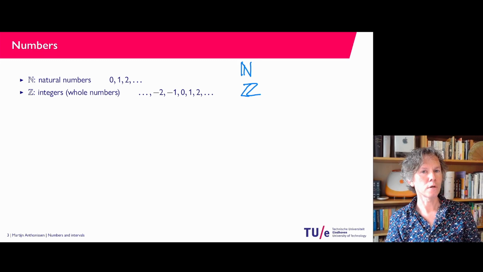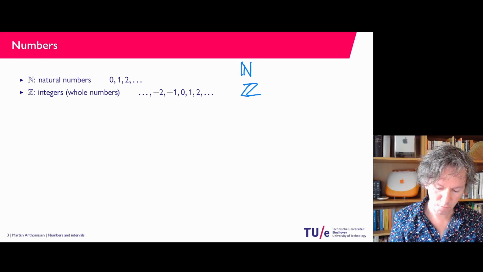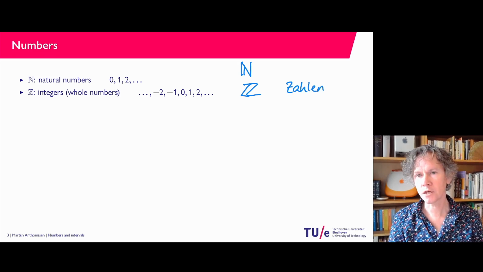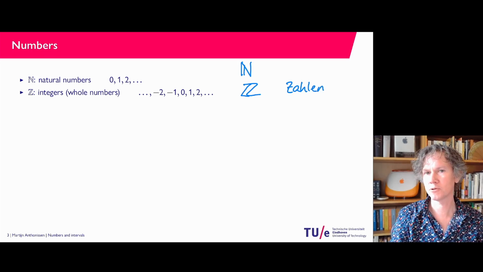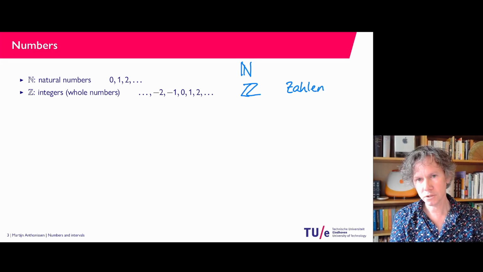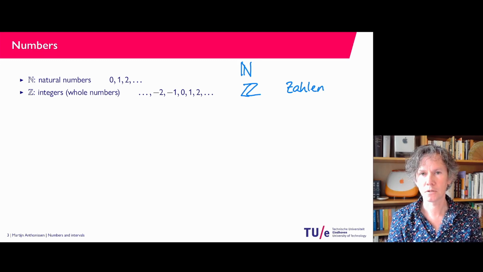You may be wondering why the integers are denoted by a Z. Well, that's from the German word Zahlen. Also the English word integer, you would get capital I, and that's not a very clear symbol for this collection. So Z is the symbol that is always being used in mathematics.